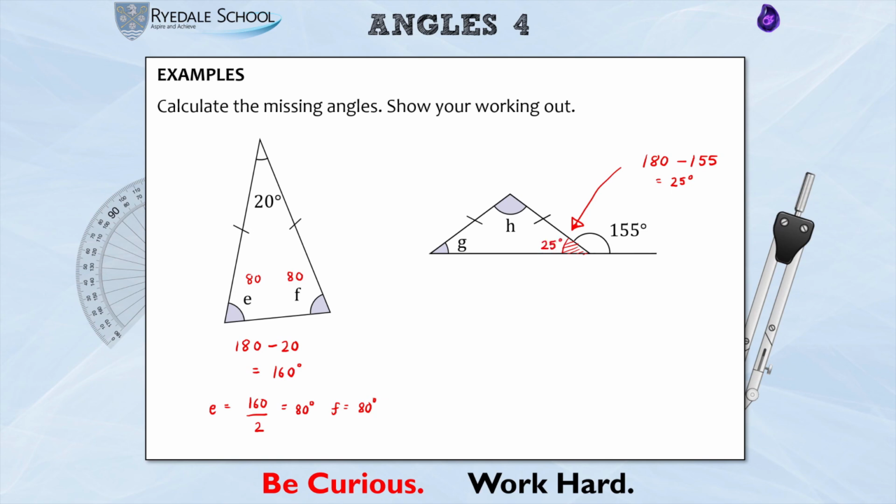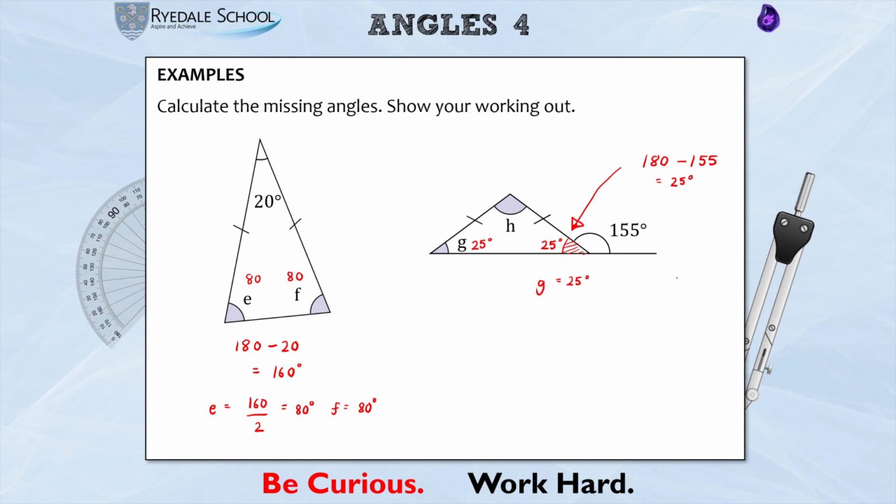How are we going to work out G? Well, G is the same as 25 degrees because these two base angles in my isosceles are the same. So G is 25. So how are we going to work out H? Well, we know that these two angles are now 25.